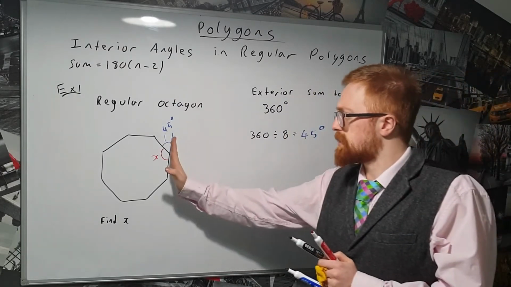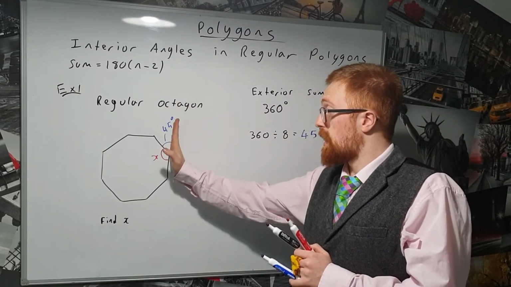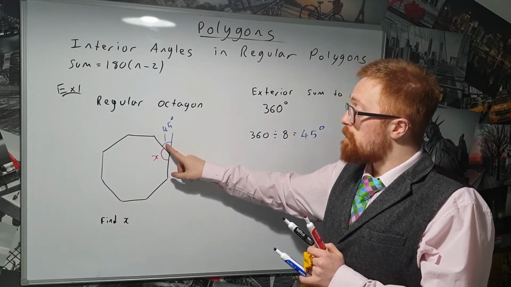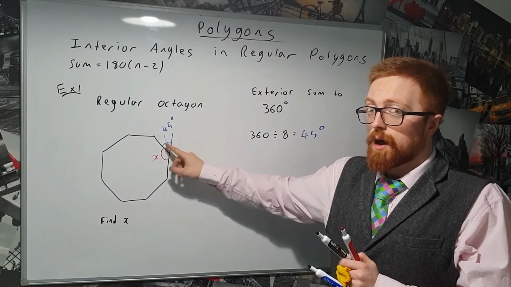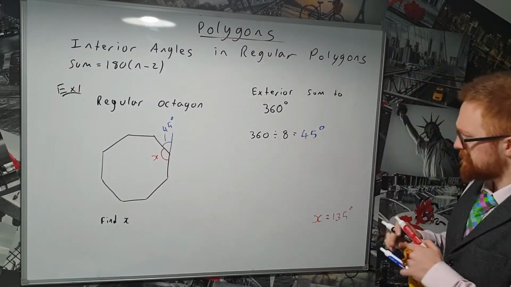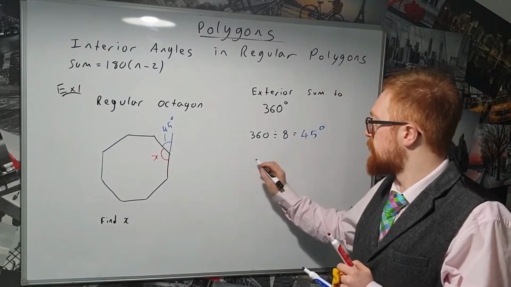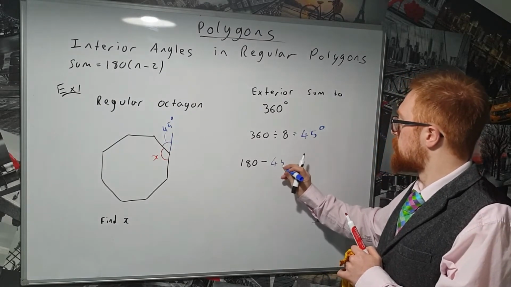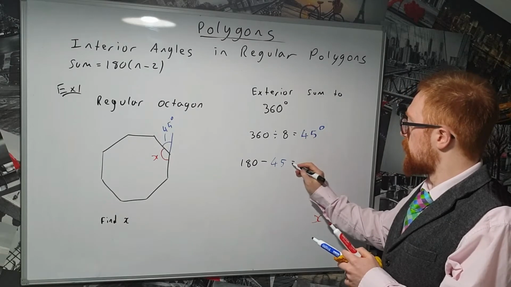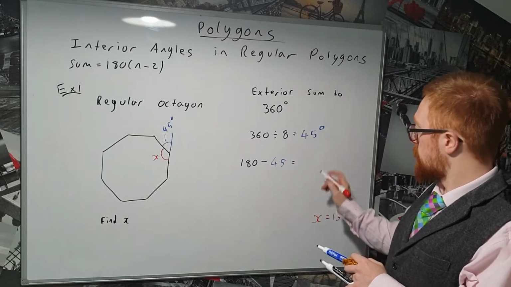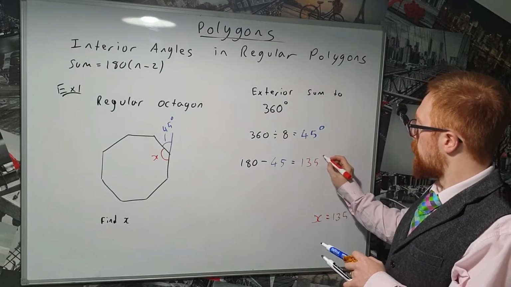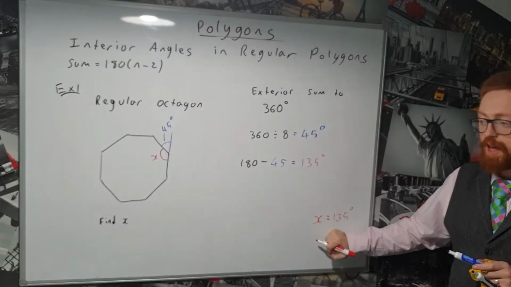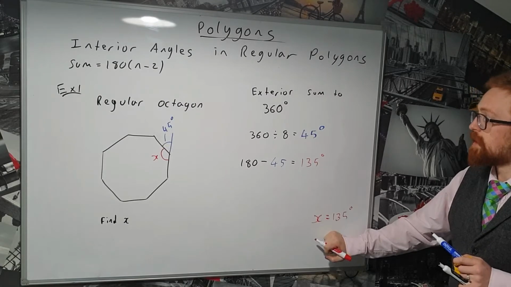Now, because of how an exterior angle is made, we have a straight line here, which means that this angle and this angle must add up to 180, correct? So to work out what x is, we do 180, we take away the 45, and that's going to give us our value of x, which is 135 degrees, which gives us the same answer as before, x is 135.